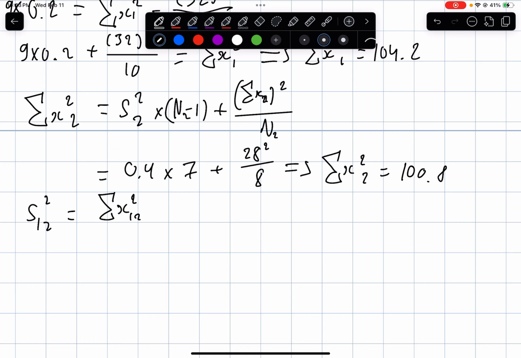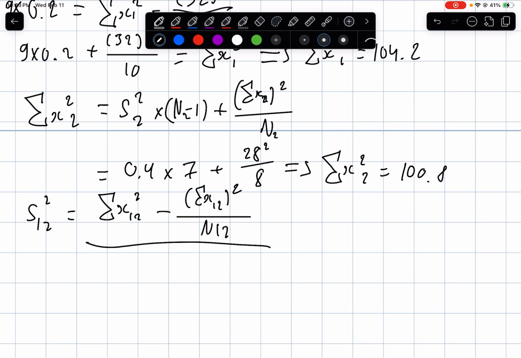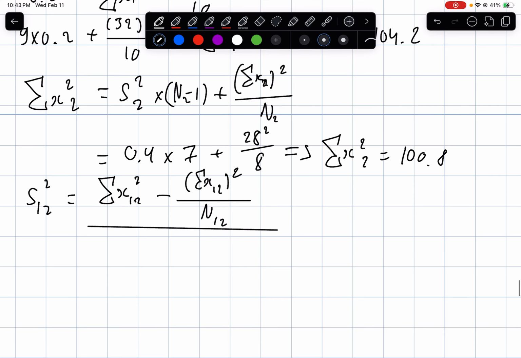So we'll have the sum of x squared of samples 1 and 2 minus the sum of x 1, 2, squared, over n 1, 2, and all that over the size of our 2 samples minus 1.